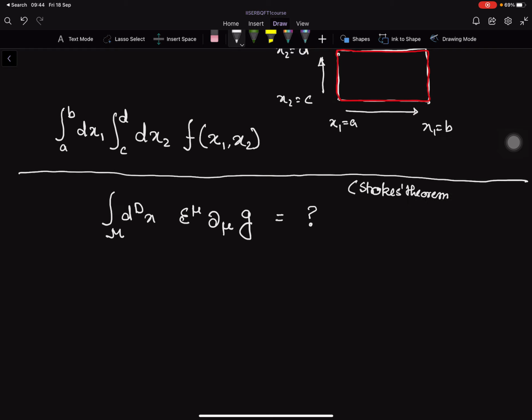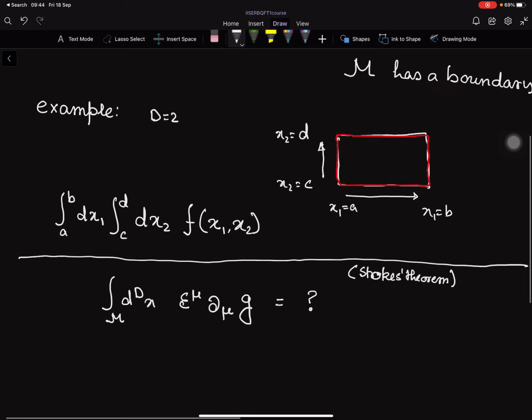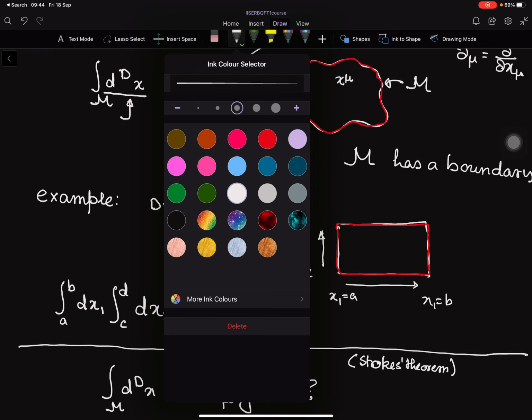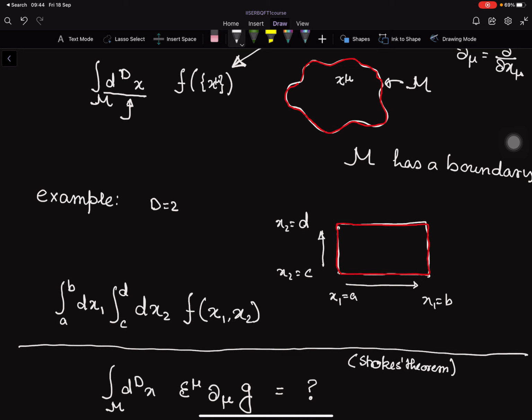So before we go into the right hand side, let's also discuss another point. You see that whenever we have this region which has a boundary, then every point has a normal direction, right? And I am considering the outward normal, not the inward normal. So let's call it n. Okay, so this is n.